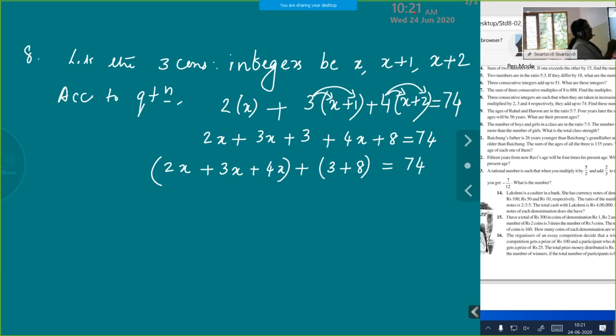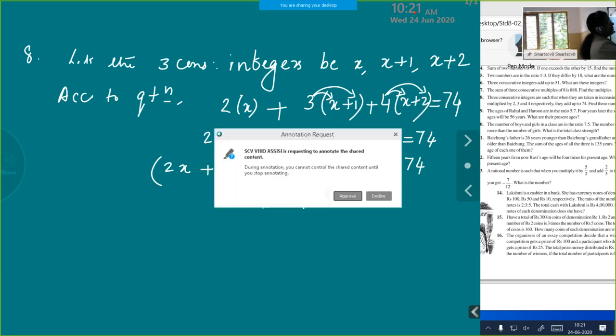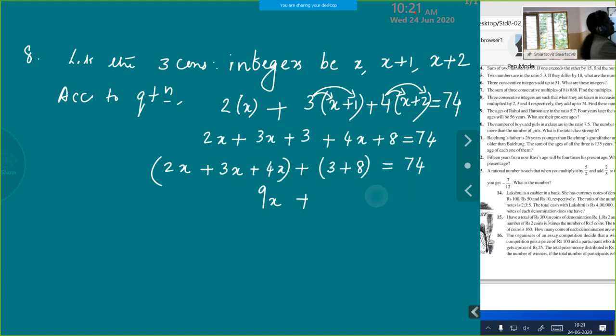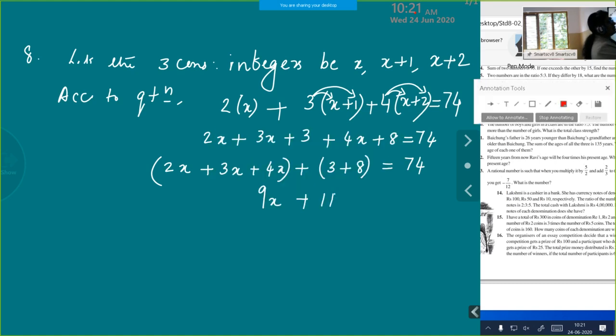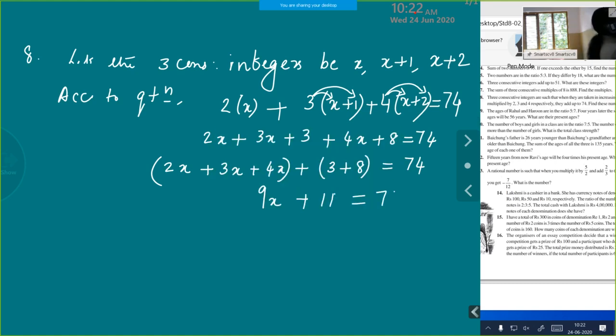Now 2 plus 3 is 5, 5 plus 4 is 9x, plus 11 is equal to 74.